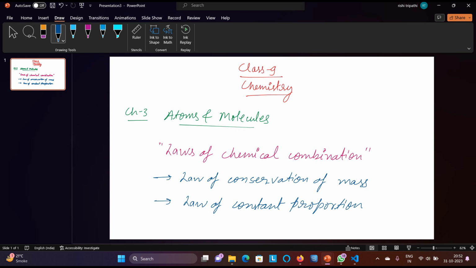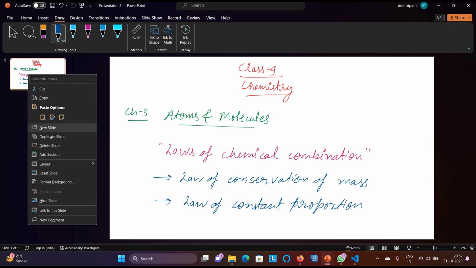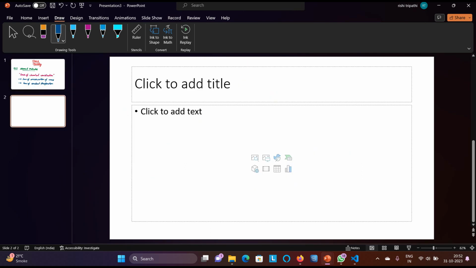That is the law of constant proportion. So we will focus on these two laws in ninth class.